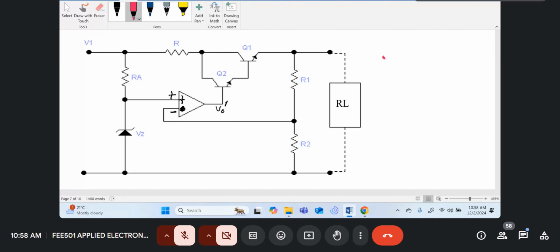Later on, we shall come to the working equation. So let's assume it was the correct voltage V naught you've designed it to. And then you increase the load. When you increase the load, the output voltage will tend to go down, and therefore the voltage at this point divided by R1 and R2 will also go down.